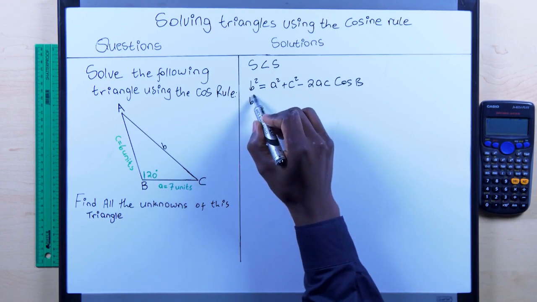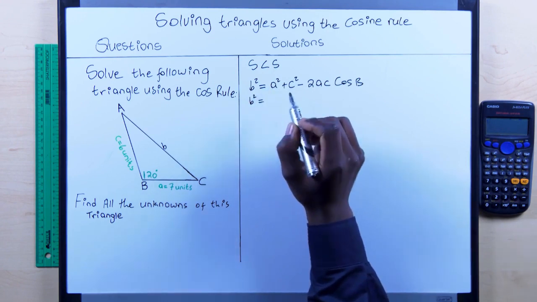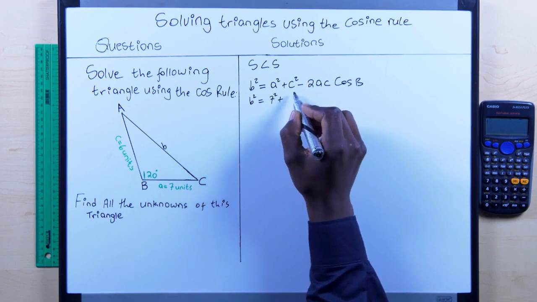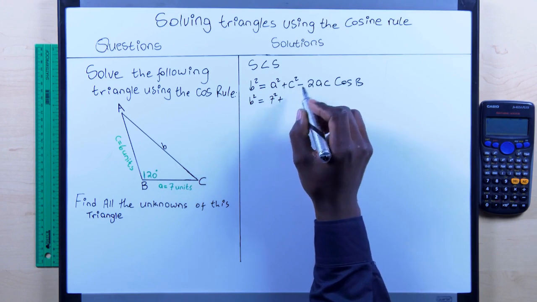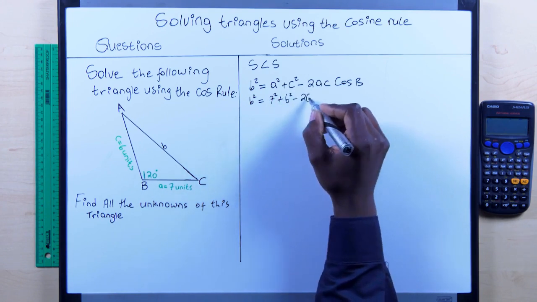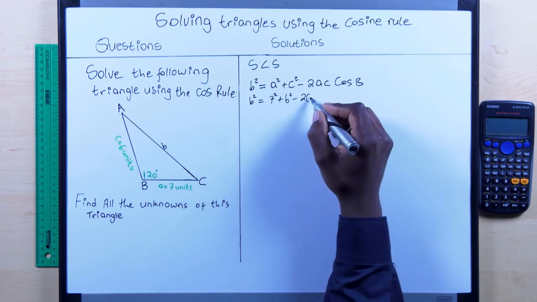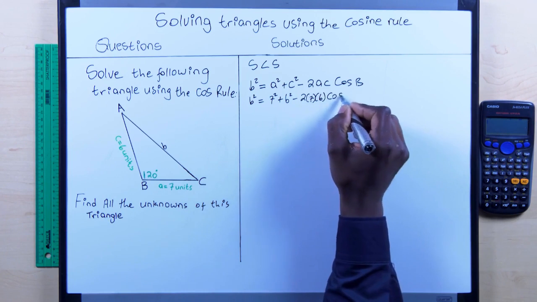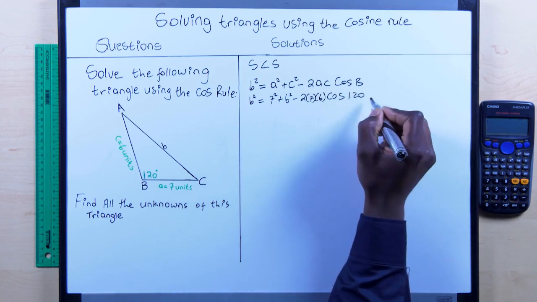Then b squared is equal to, what is your a squared? Your a is 7, so 7 squared plus c squared, where c is 6 units, minus 2 times 7 times 6 cos of 120.